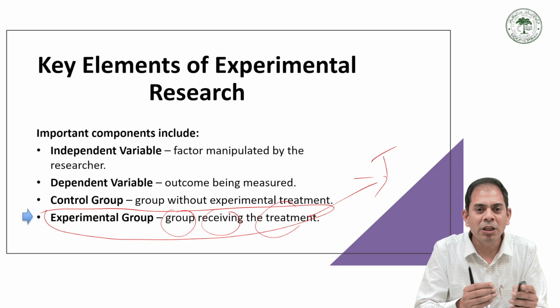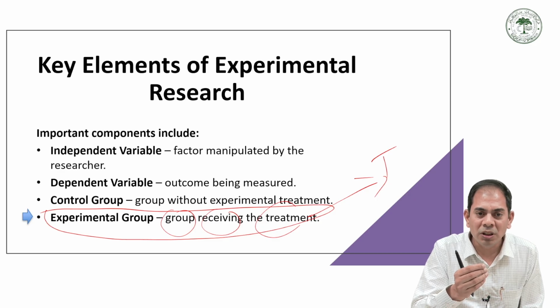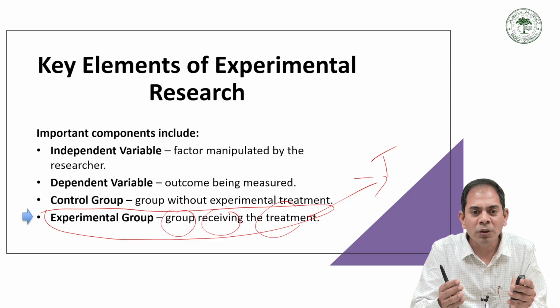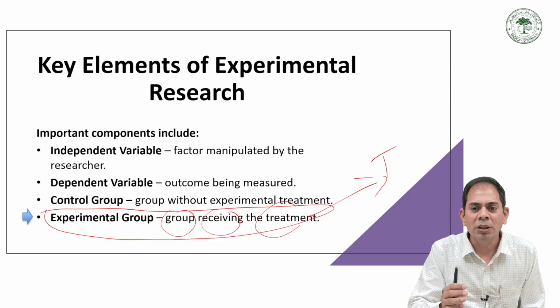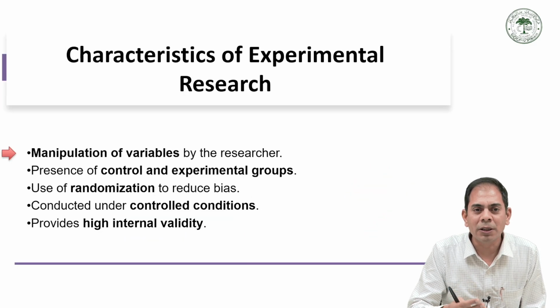The flexibility scores measured before and after the program will show the effects. So these elements, independent variable, dependent variable, control group and experimental group, form the foundation of any experimental research and ensure that the study is scientific, reliable, planned, and systematic.